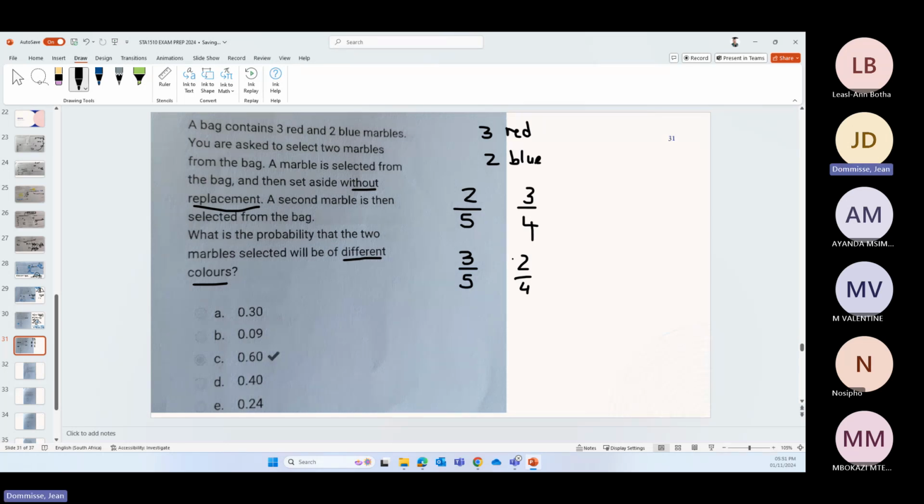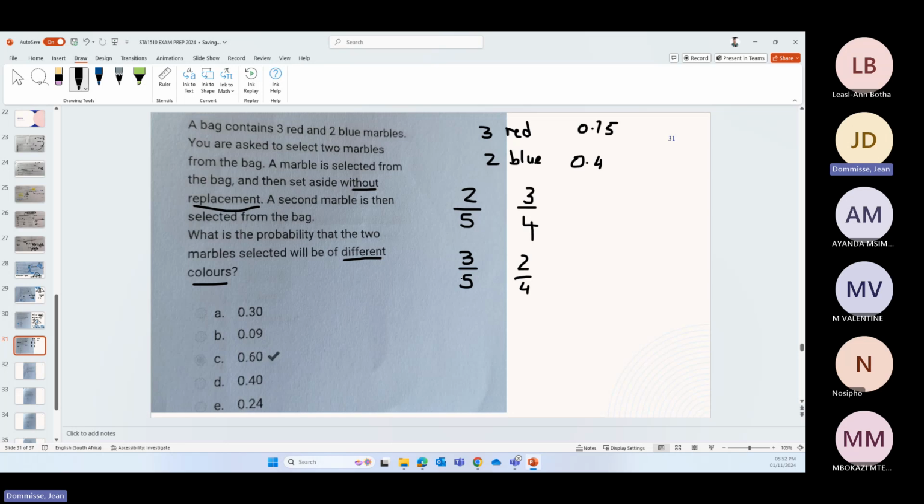That contains 3 red, 2 blue. Okay, so there's 5 marbles. If I selected the blue, the probability of blue is 0.4. Then if I select the next one and say that it's red, then it is 3/4, so that is 0.75.